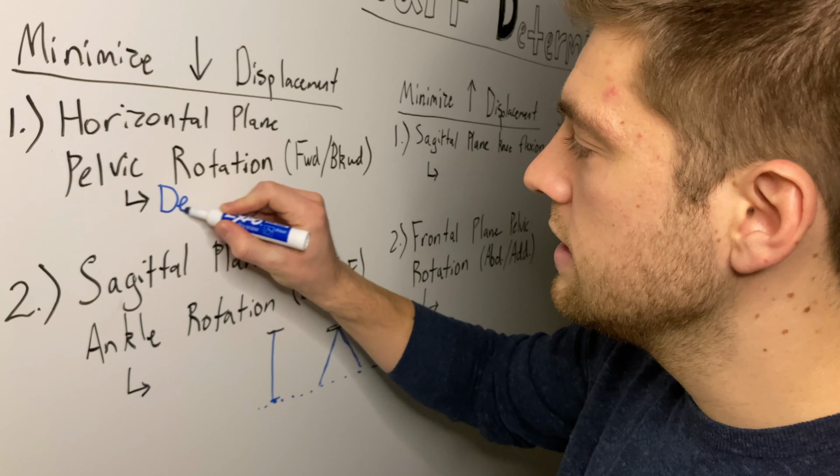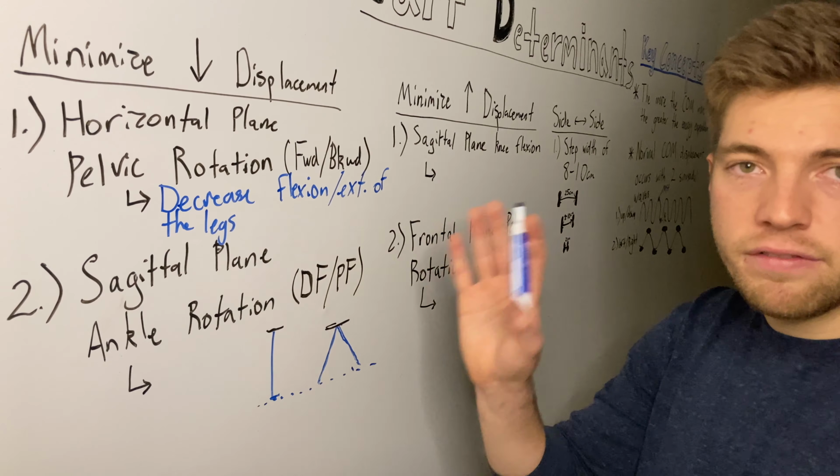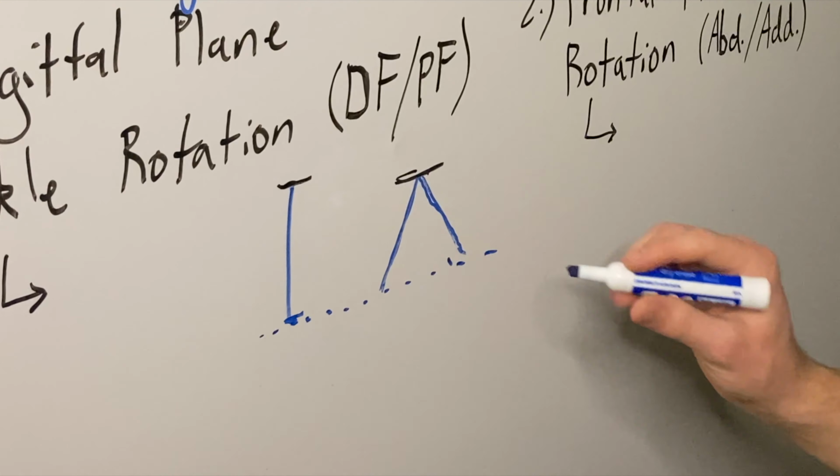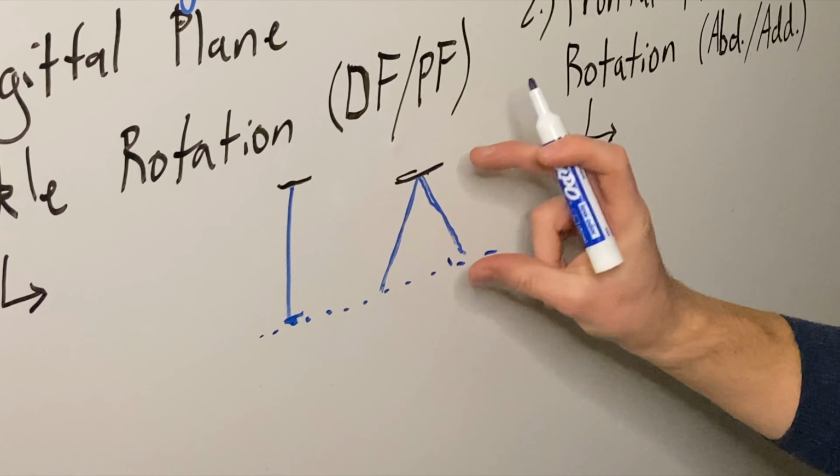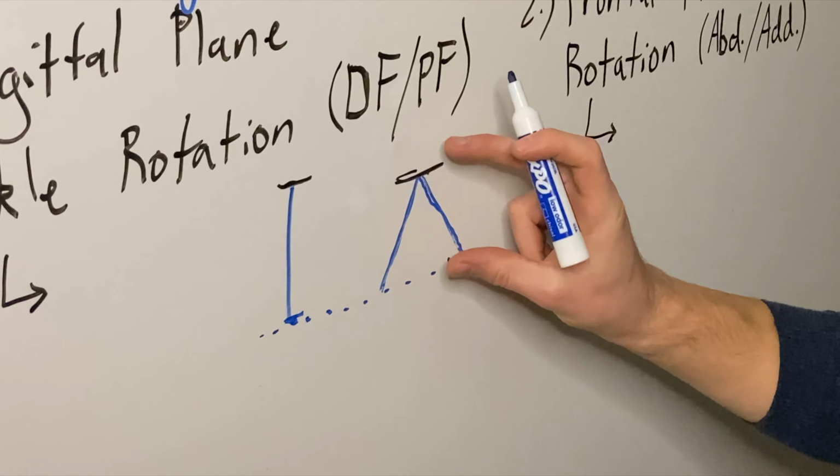Sagittal plane ankle rotation, so that's dorsiflexion and plantar flexion. Those are the movements we're talking about. At the lowest point of our center of mass, we throw in dorsiflexion, except the ankle isn't shaped like this, right? Because our calcaneus protrudes behind us, in a way it makes our leg longer. So this is like initial contact, or the very beginning of loading response.